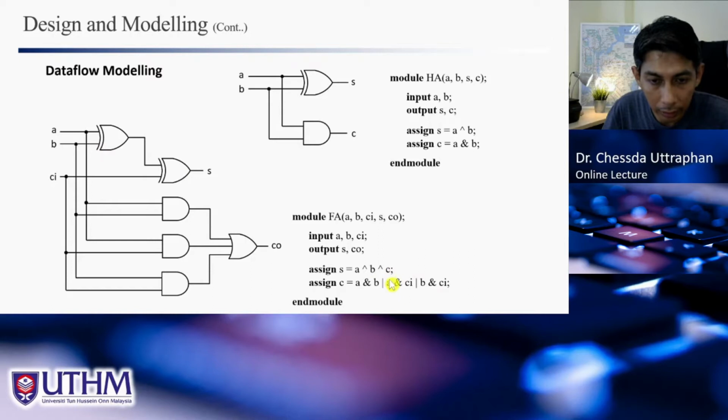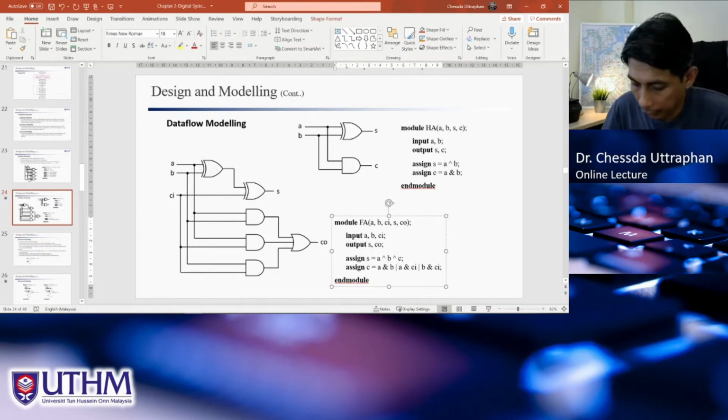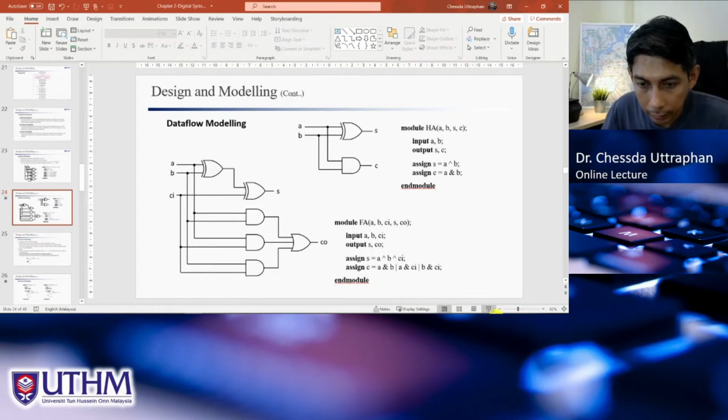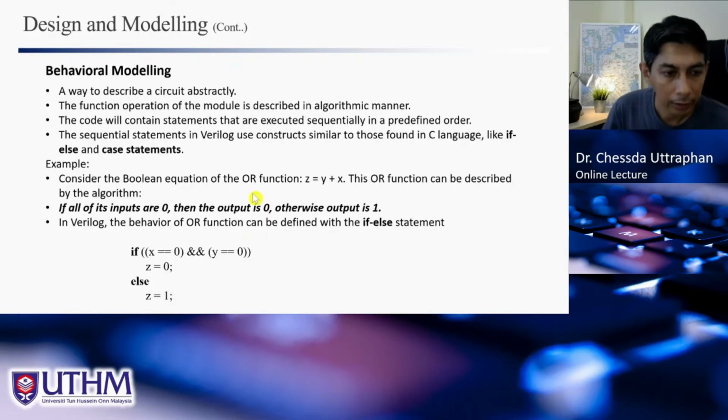I forgot the i here, so we need to have Ci here. And for CO it is very easy. This one and this one, and we OR all together to get CO. So this is data flow modeling.